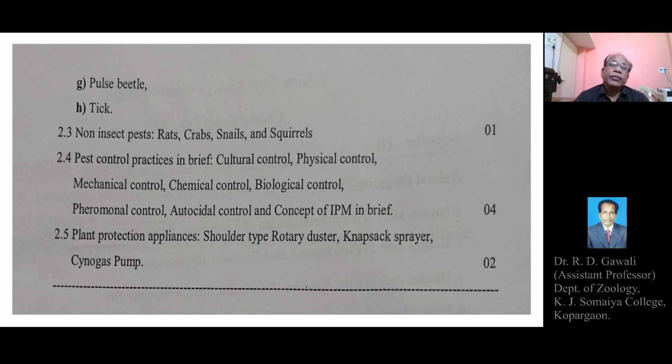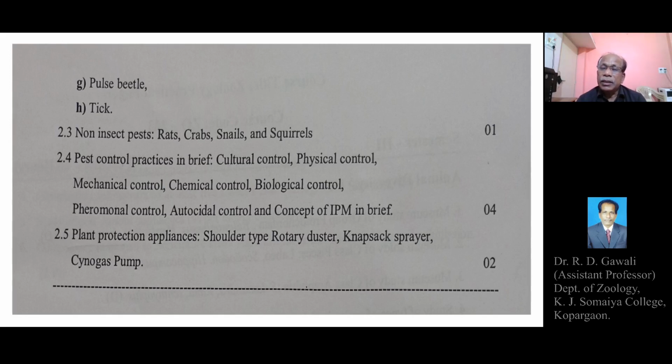We can also employ radiation techniques, X-rays, gamma rays. So this is irradiation. We can use the irradiation technique or sterile male technique for the control of the pest, called autocidal control.